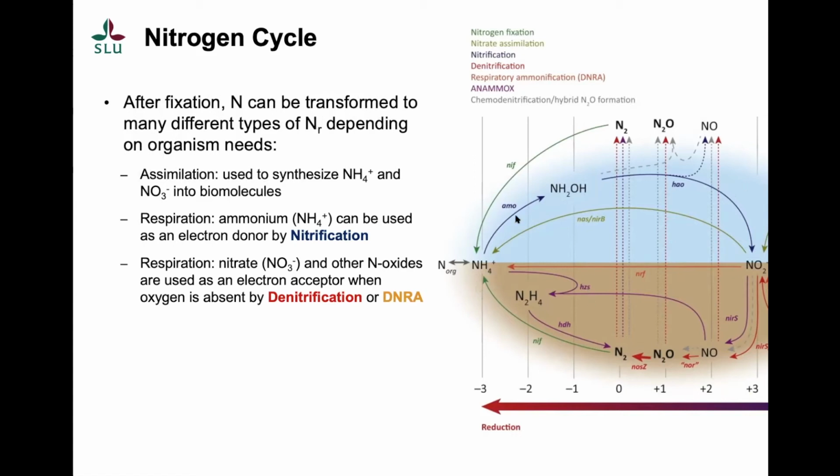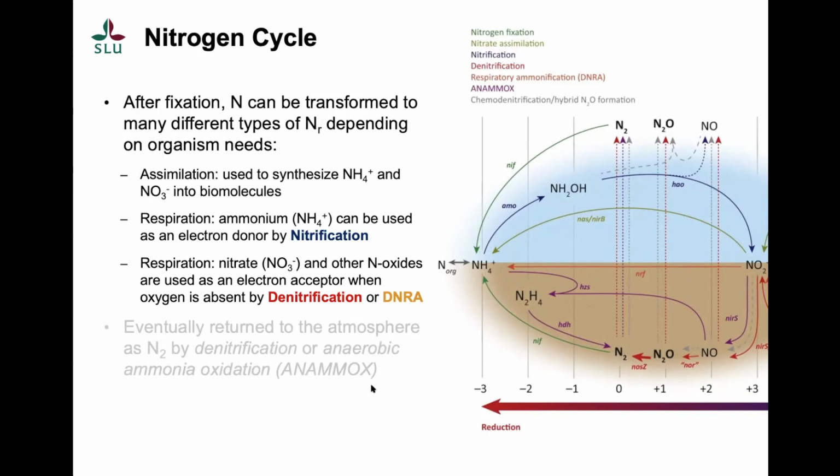So you have nitrification, where they're using ammonia as a donor to get electrons. Or you have respiration, where they're using the nitrate as an electron acceptor, like we use oxygen as an electron acceptor. And there's another process called dissimilatory or respiratory ammonification. I won't go into that too much.